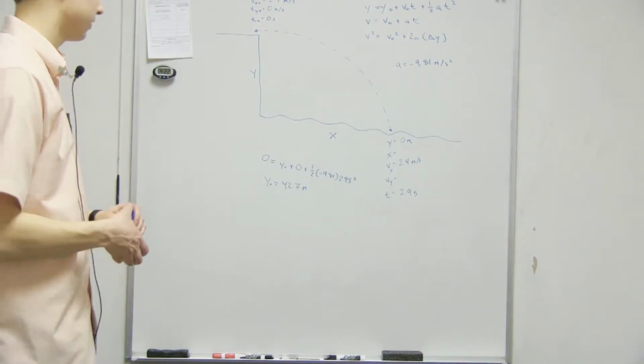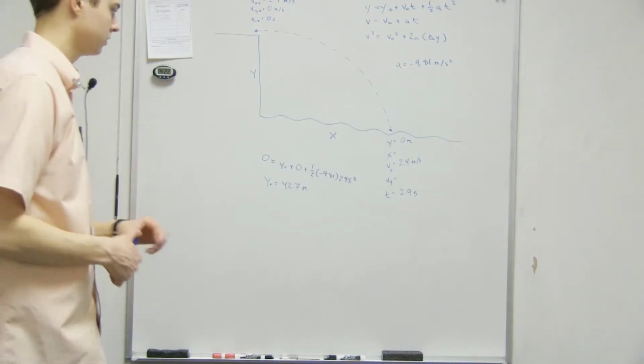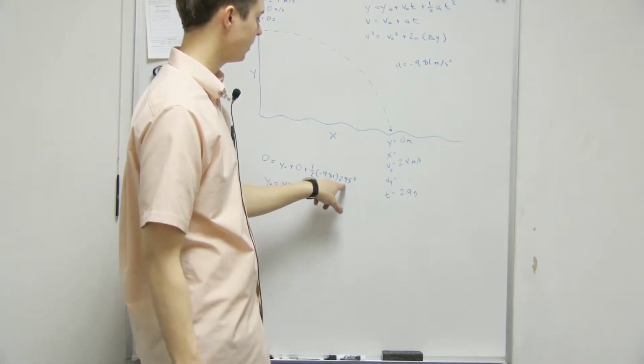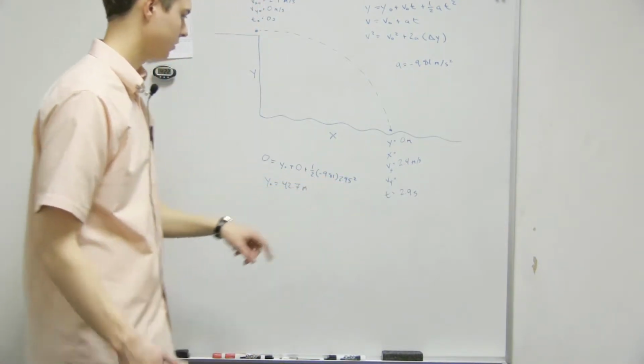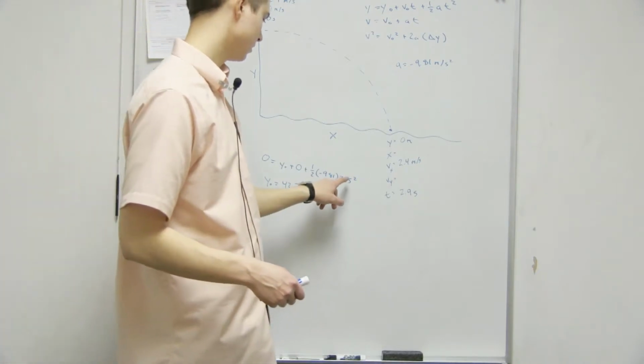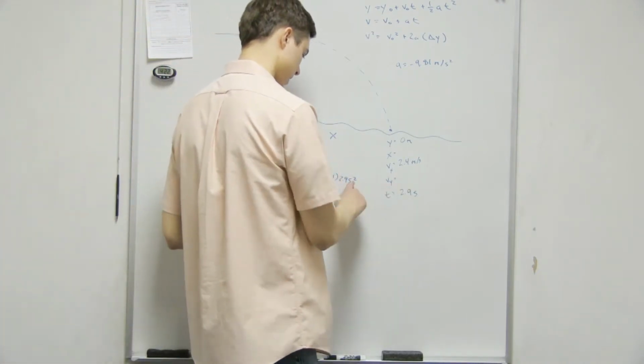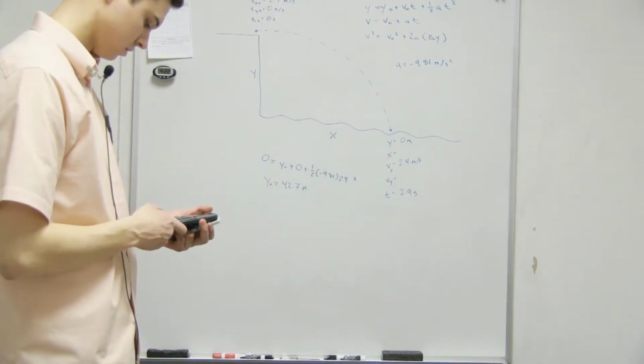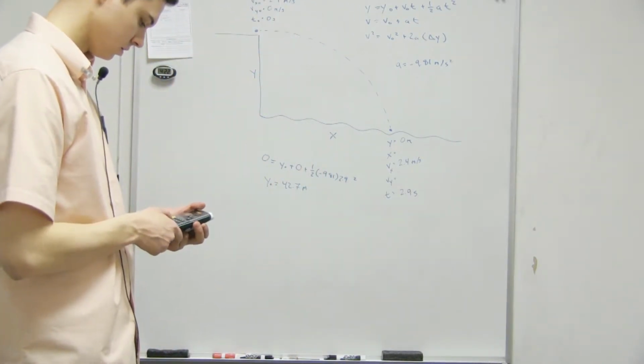So 42.7 meters. That's right. Was it 2.9 seconds or 2.95 seconds? It was 2.9. I think I just thought that was a 5, so that changes it a little bit. 2.9 squared.